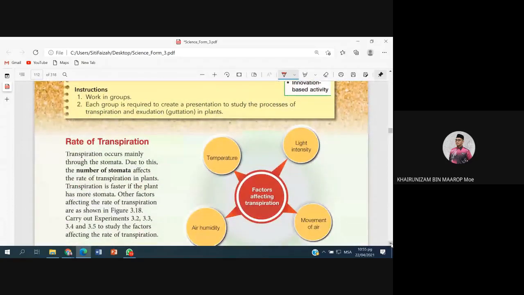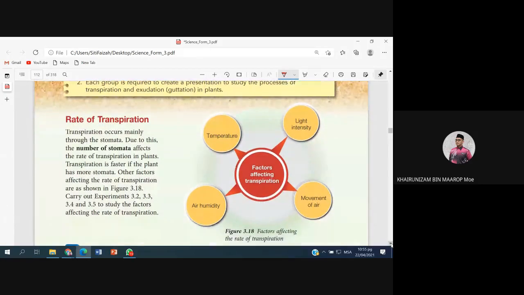Okay, so you need to know the rate of transpiration, the factors affecting transpiration. One is temperature. Another one is light intensity.